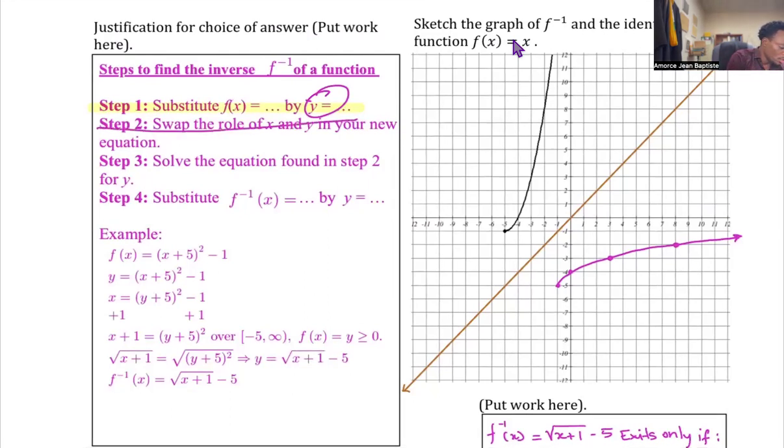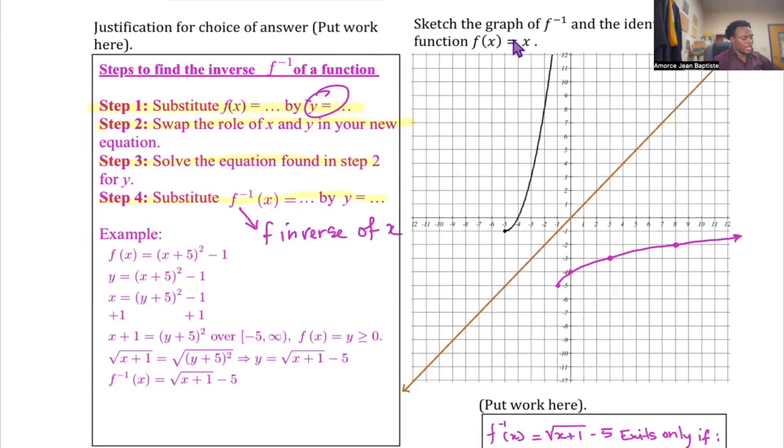You want x to play the role of y in this equation. Next, you solve the new equation after you swap x and y for y. You isolate the y. And then last, after you get y by itself, you replace y by f inverse of x. That's not f exponent -1, but f inverse of x. Once you do that, you get the inverse of your function.